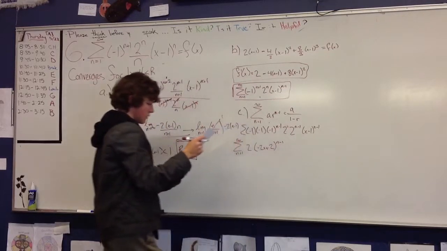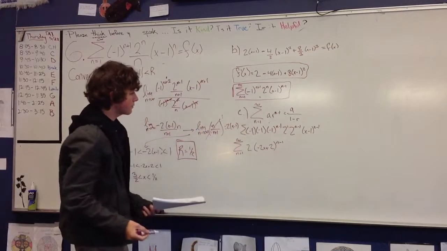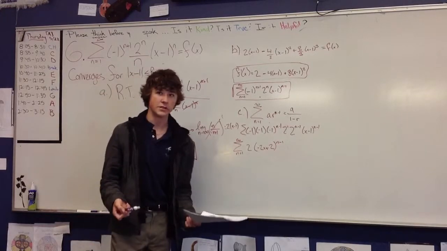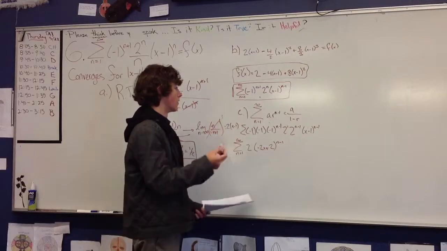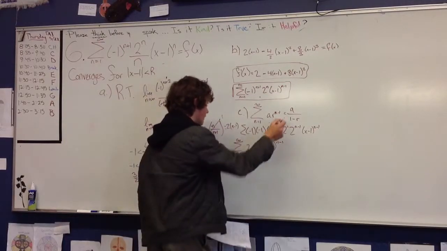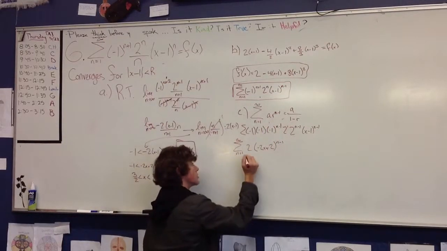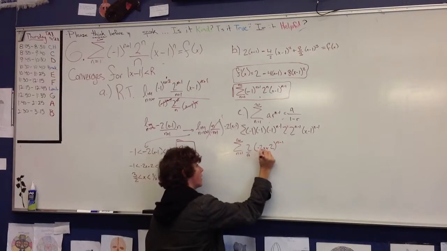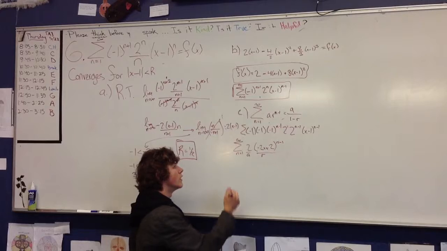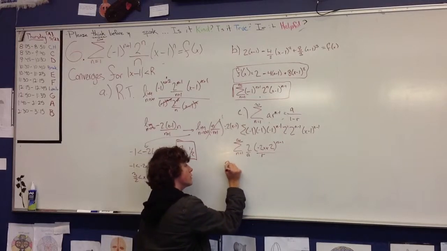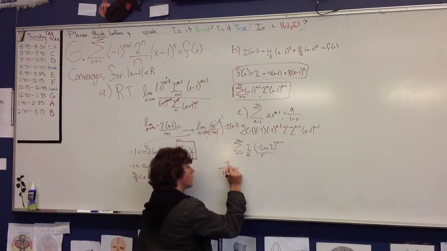Yes. And so now, since we have our geometric series, we can find all of the x values for which this converges. So if we just plug it into this equation, we have our a equals 2 and r equals negative 2x plus 2, or 2 minus 2x. So that would be 2 over 1 minus 2 minus 2x.